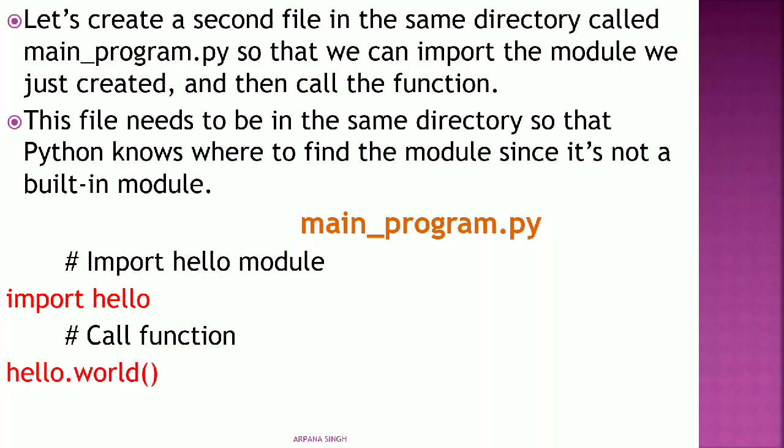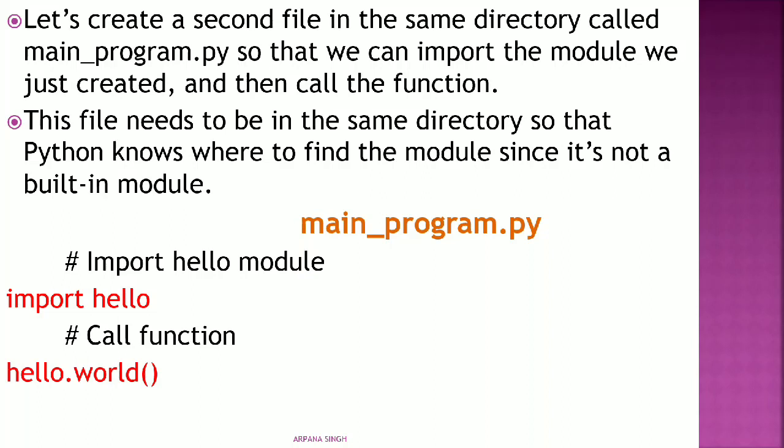Now there you have defined a function, world, def world. That is what you wrote in the previous slide. So to call that world function, you'll write hello, that is the module name, dot world, that is the function name.